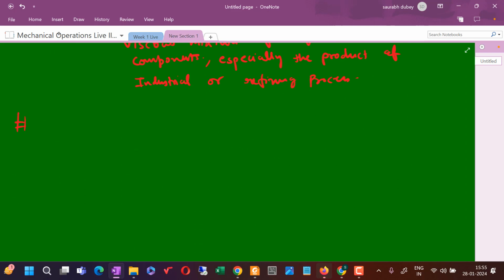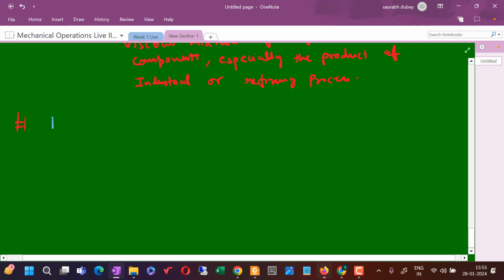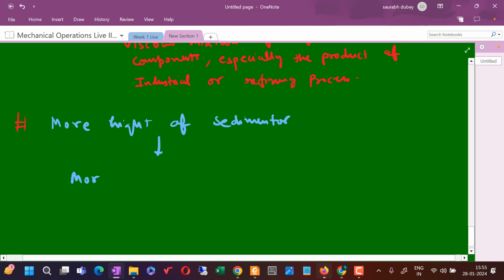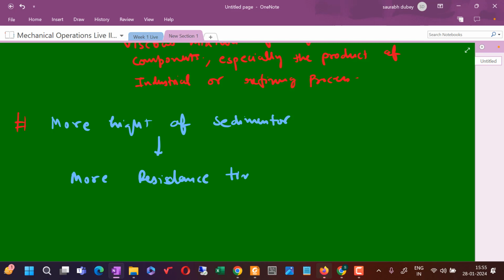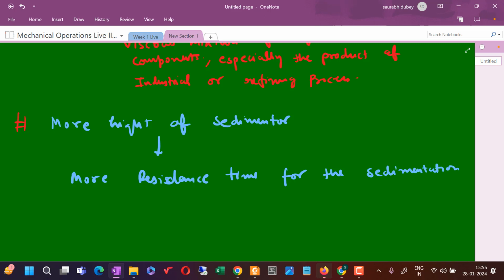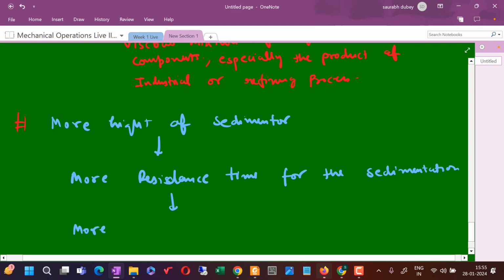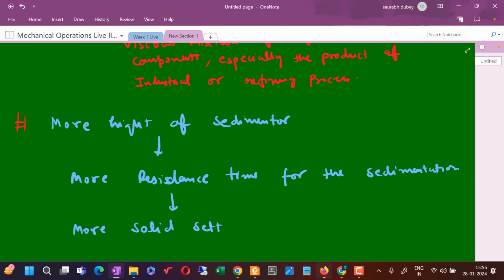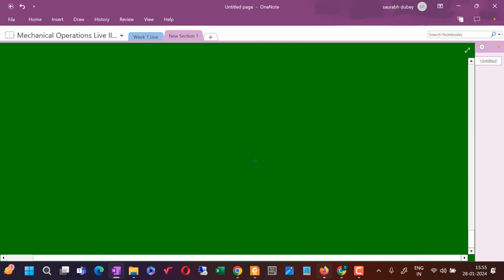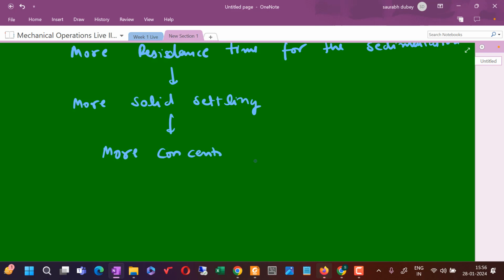So what will be the take-home message here? More height of sedimenter, so more residence time for the sedimentation, more solid settling, so more concentration of sludge.